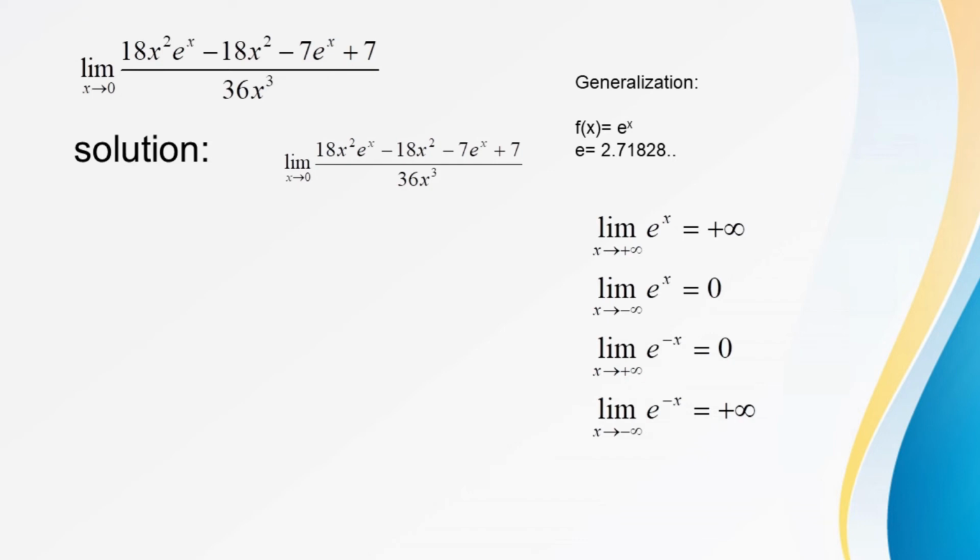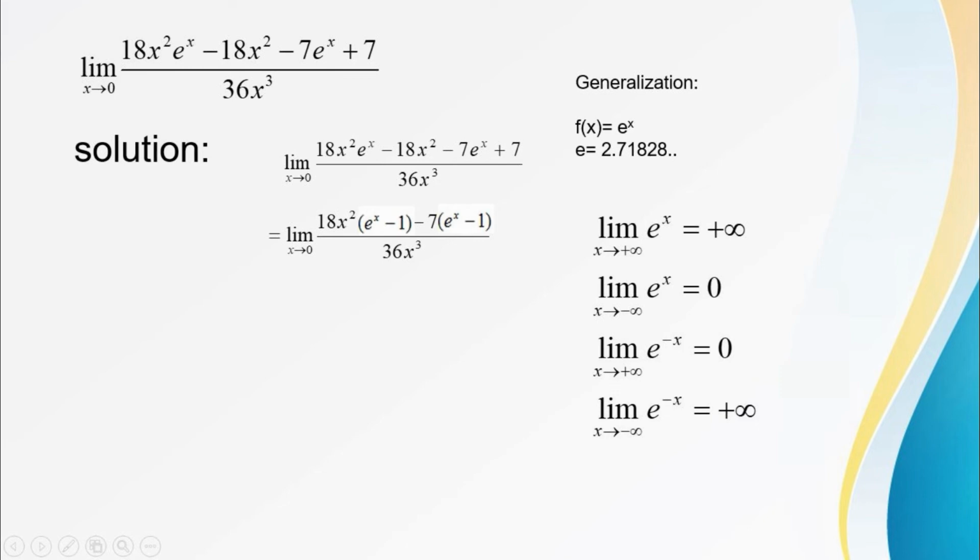First, we factor out, which gives us 18x squared times the quantity e to the power of x minus 1, then minus 7 times the quantity e to the power of x minus 1, all over 36x cubed. Next, as we can see, we can still factor out, which gives us a binomial: the quantity 18x squared minus 7 times the quantity e to the power of x minus 1 all over 36x cubed.